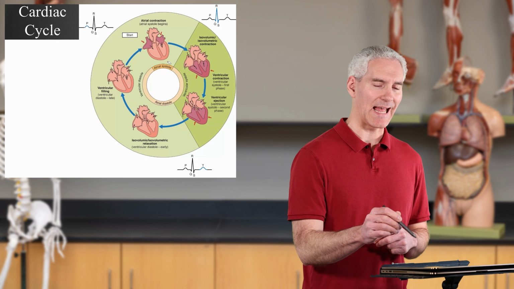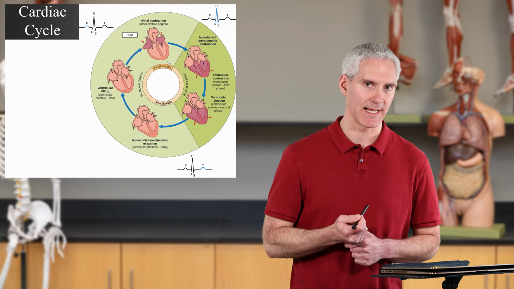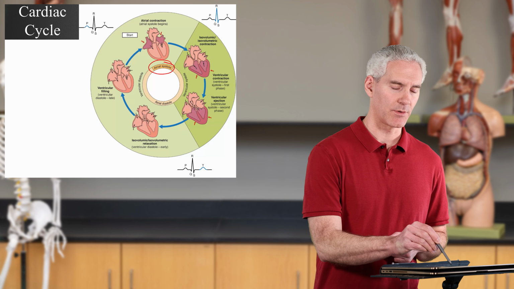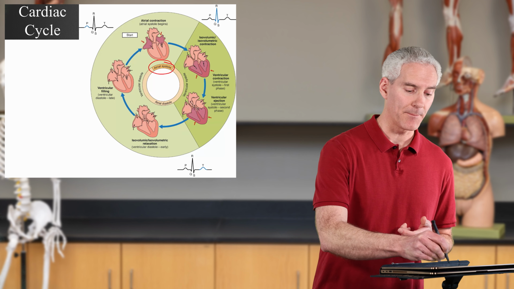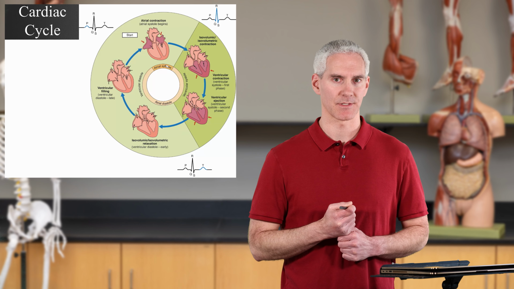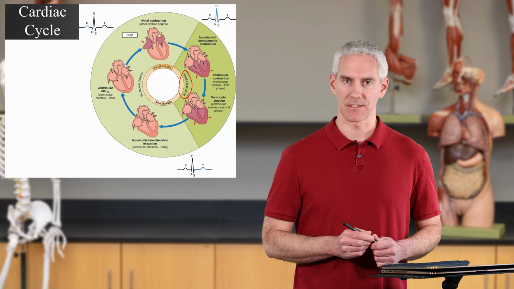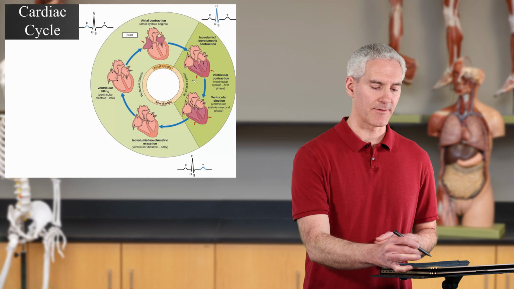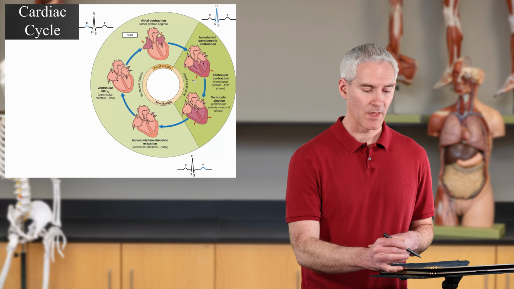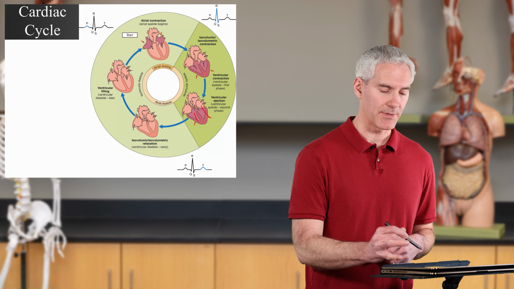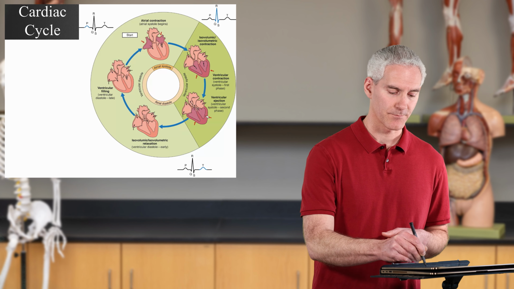But then at the very end of the ventricular diastole, the atria are going to contract. That pumps the blood down into the ventricles. Then the start of ventricular systole is when the ventricles start to contract. They're trying to push the blood up into the vessels.